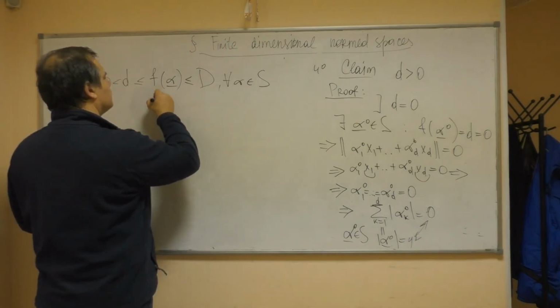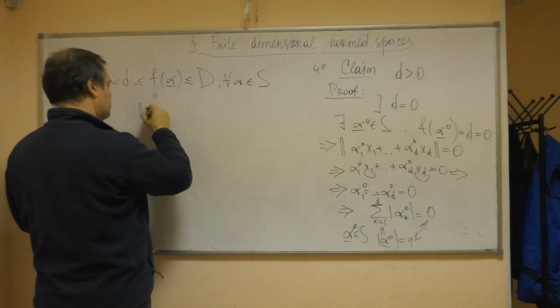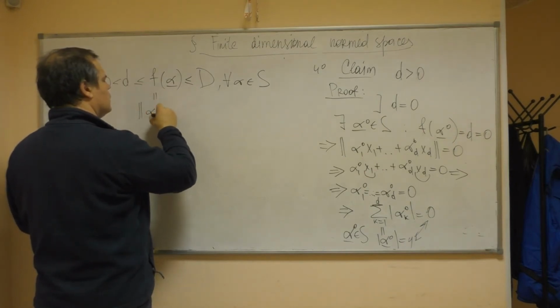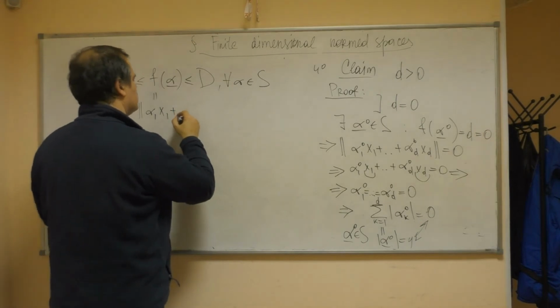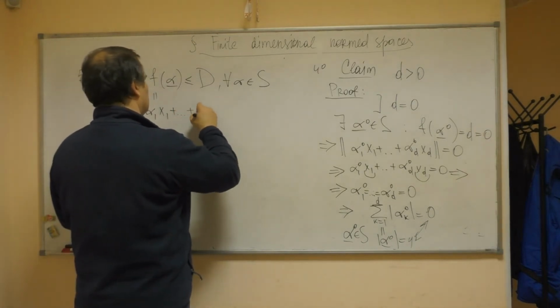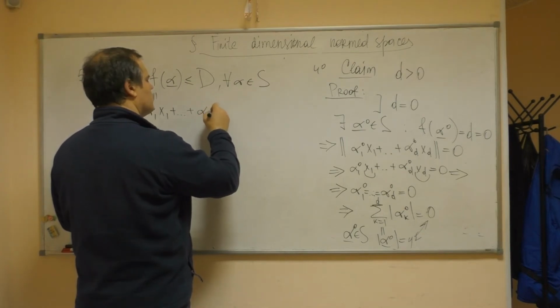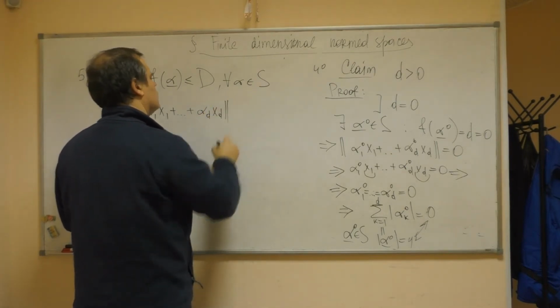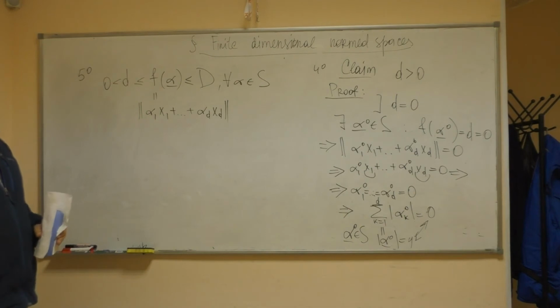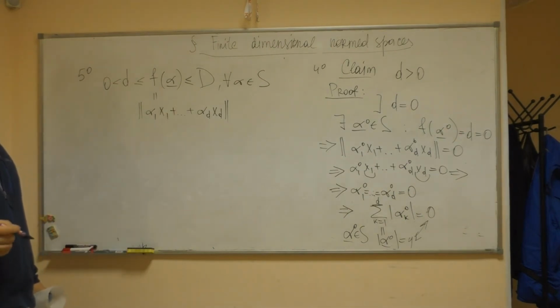F is equal to alpha 1 x1 plus alpha 2 x2 and so on until alpha d xd.